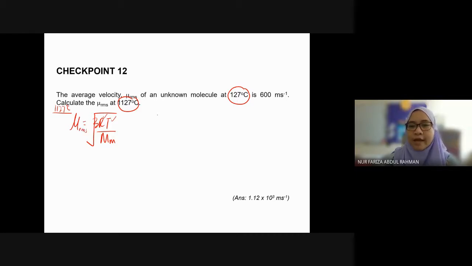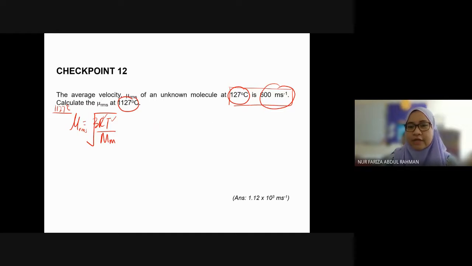So we have to go back, kita tengok balik the question. So the information is given for this 127 degrees Celsius. For 127 degrees Celsius, we have the mu RMS. Like I said just now, it's actually the same gas. Dia adalah gas yang sama.